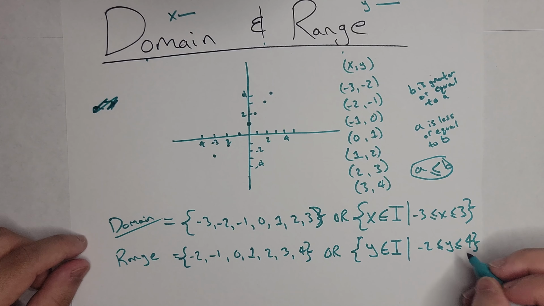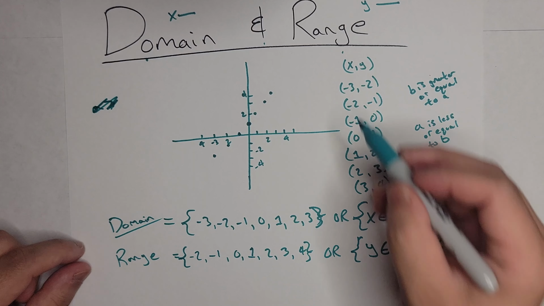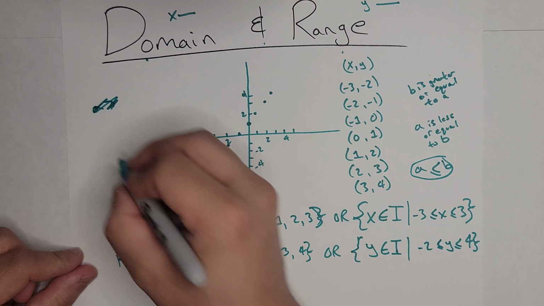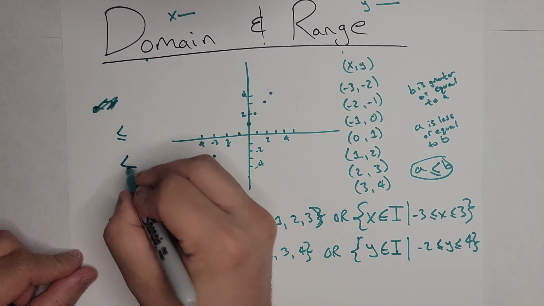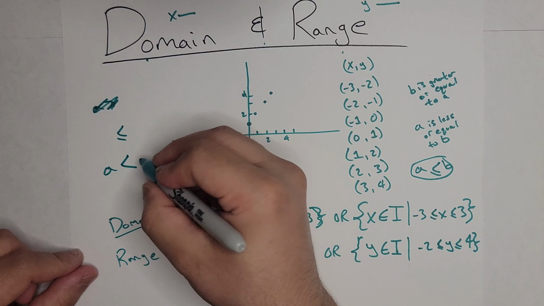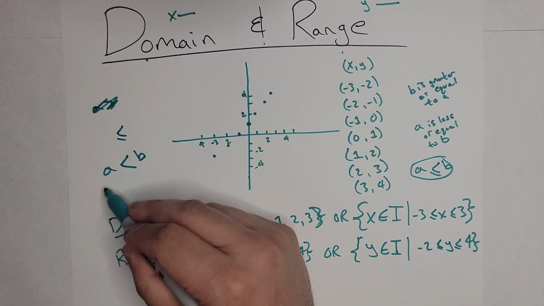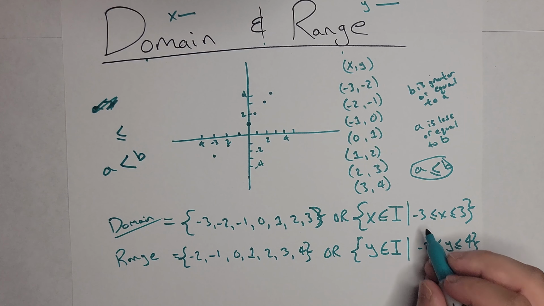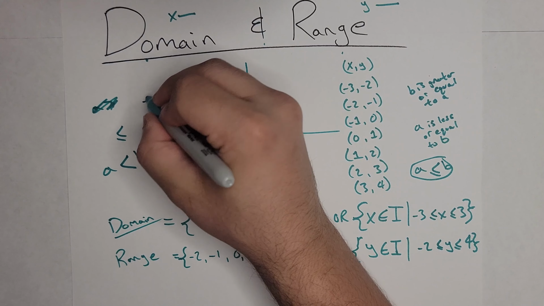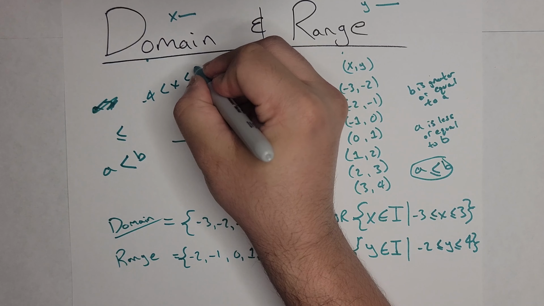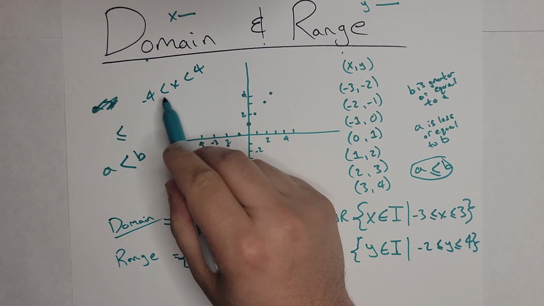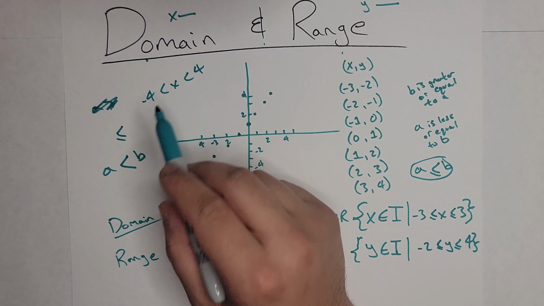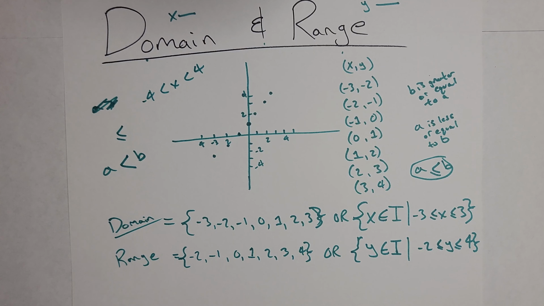Because we do have values of 3 and -3, we do use the equal. If we were to use just this instead, it means B is strictly greater than A, and they cannot be equal. So in that case, you could write this as the integers greater than -4 and the integers less than +4. So that's one example.